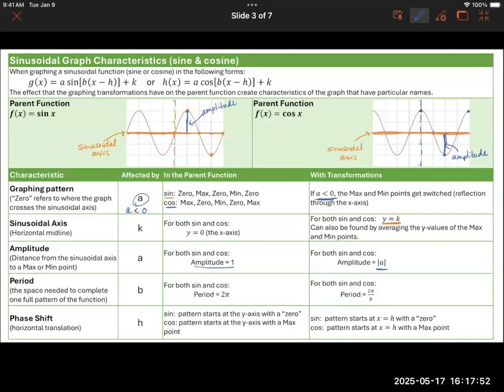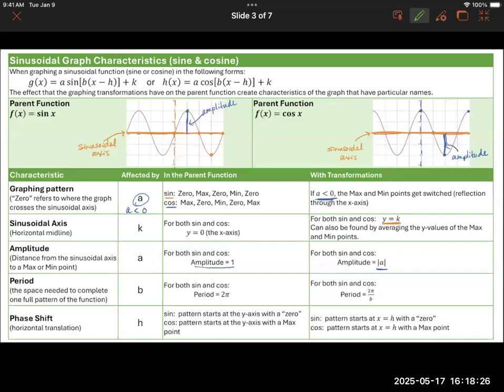Then we have what we call the period, and the period is the amount of space that it takes to complete one full pattern of the function. And this is space on the x-axis. And so normally, if you think about the unit circle, to go through an entire pattern of sine or cosine, we have to go all the way around the circle, and that is 2 pi radians.